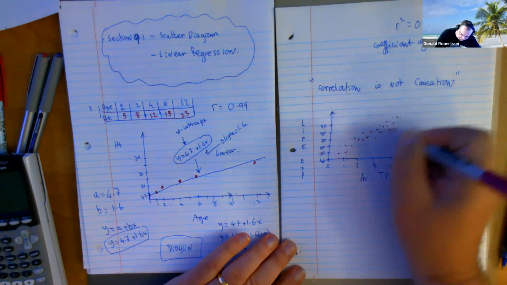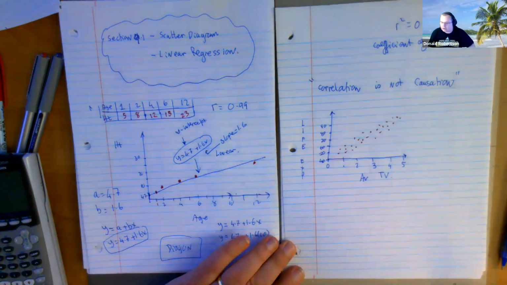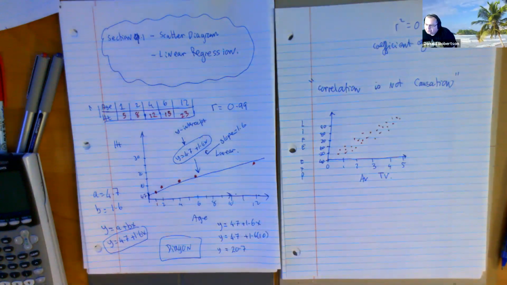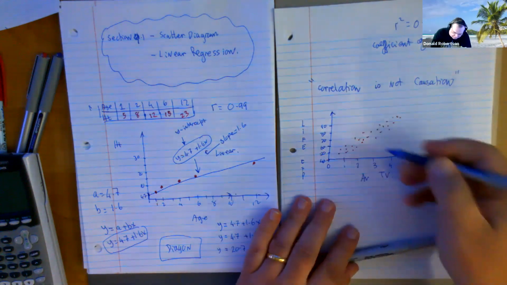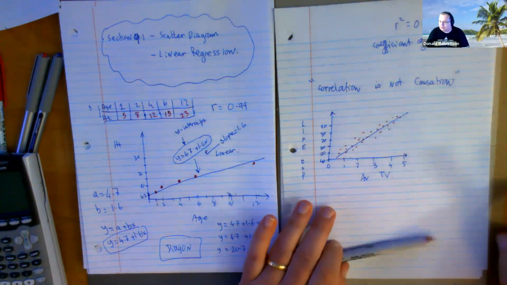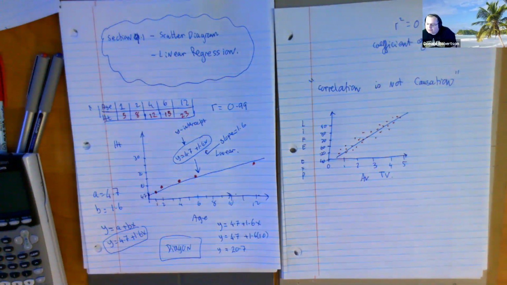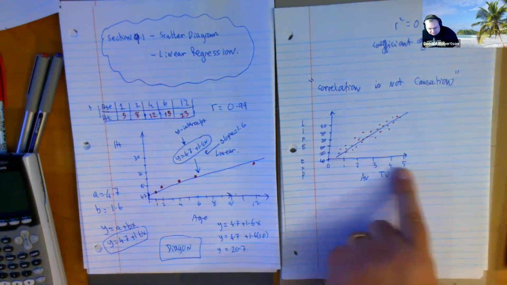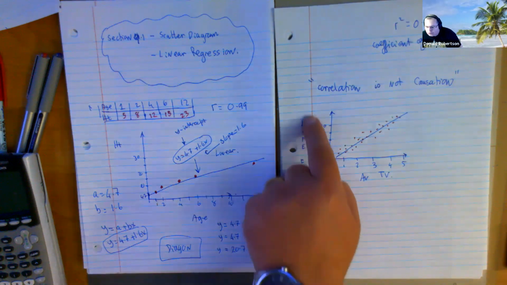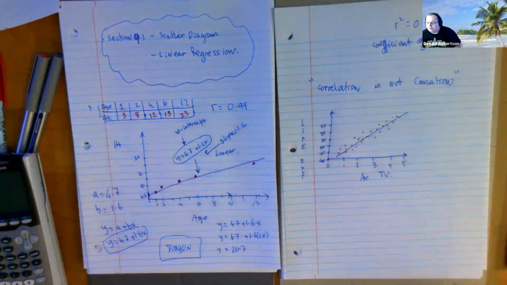So each one of these dots would represent a country, right? So, agree it's linear. Would you agree it's a pretty good fit? Pretty good fit, moderately good, whatever you want to call it. The big mistake is the final jump: how many TVs you have affects how long you live.